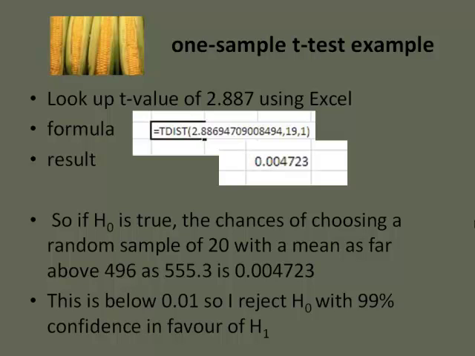So if it's true that maize yields in this area are still 496, then the chance of selecting 20 at random and getting 555, which is what we got, is less than 5 thousandths of a percent. So less than 1 in 5,000, sorry. So it's less than 0.5%. So I can reject, because it's less than 0.001, I can reject with 99% confidence in favour of H1.